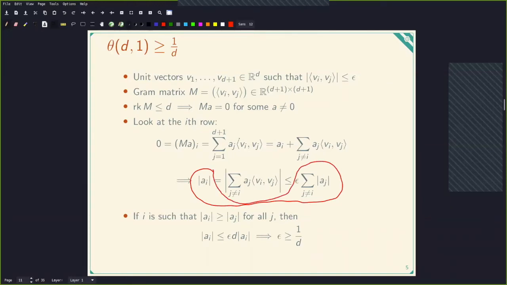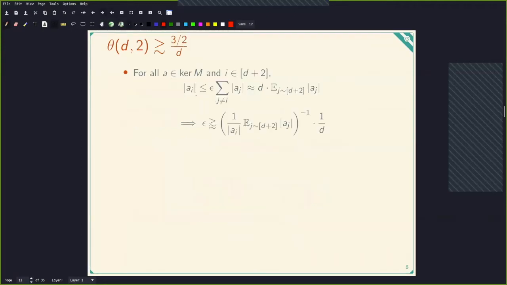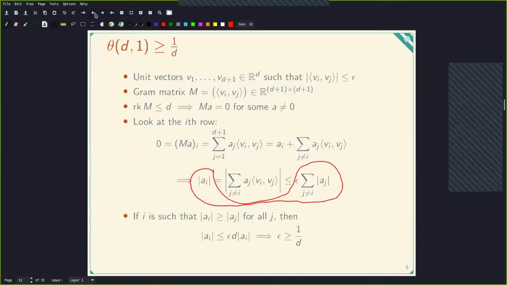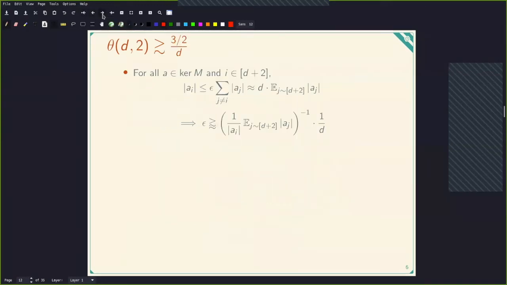So let's think about what happens when we are looking at, say, theta d2. Now we have d plus 2 vectors in R^d. Well, we can actually play the same game. We can pick any vector we want in the kernel, and any one of its coordinates i, and chug through this same sequence, and we'll get this inequality: the absolute value of ai is at most epsilon times the sum of the rest of them.